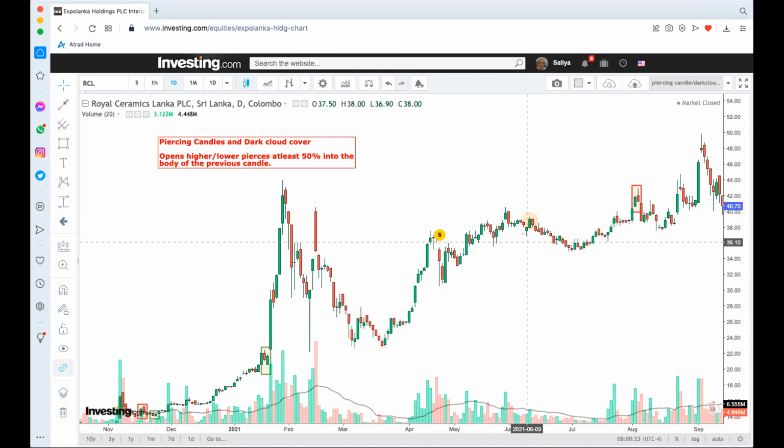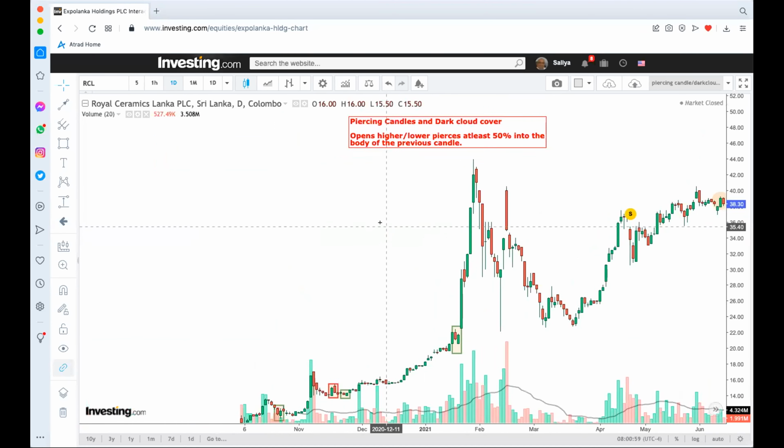So this is not a typical dark cloud cover, but the fact that it has closed below 50% of the previous day's candle could be considered as a dark cloud cover, provided that the close of the green candle has to be breached, the support has to be broken, and the prices have to start coming down. Then that formation will stand strong.